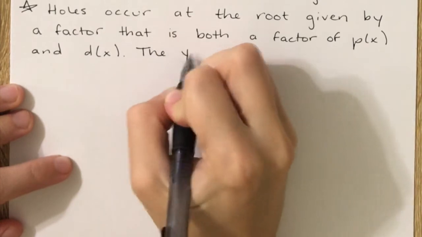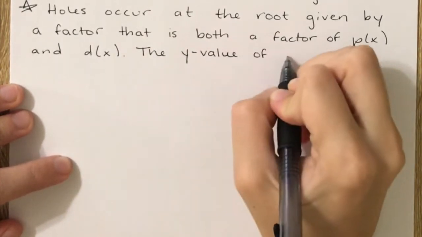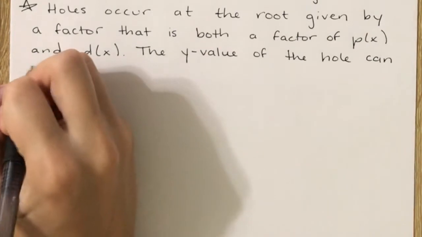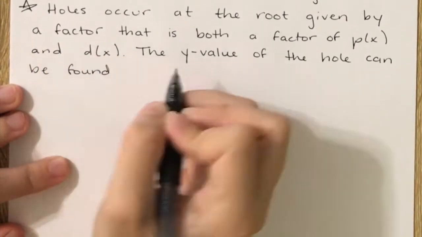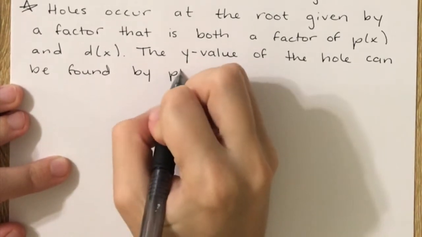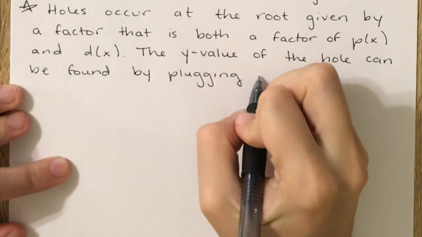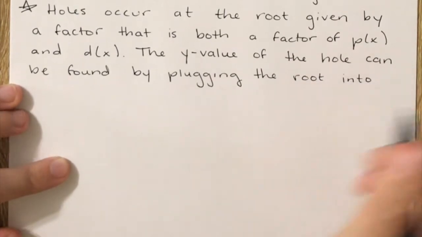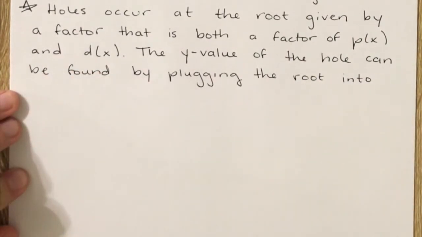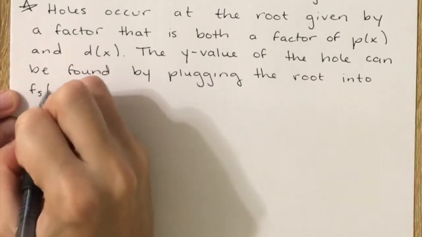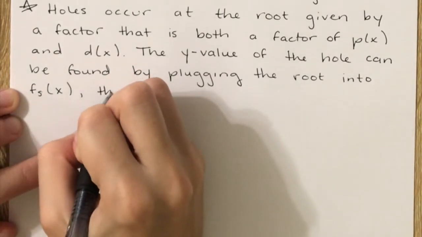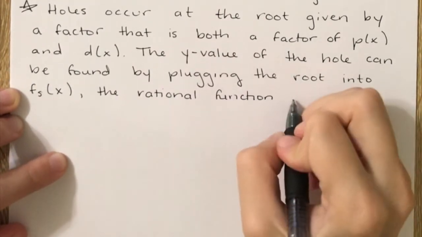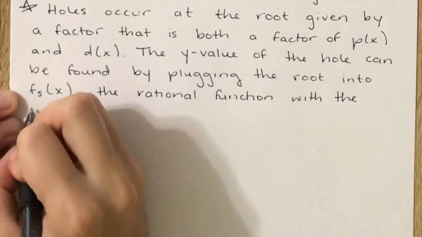The y value of the hole can be found by plugging the root into what we'll call f sub s of x, the rational function with the repeated factors removed.